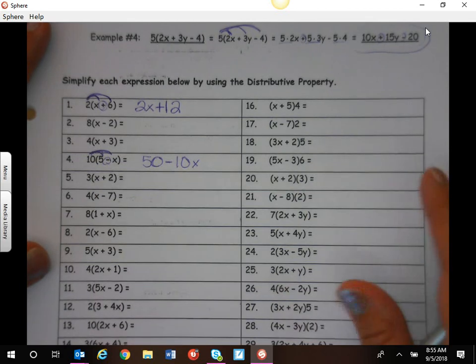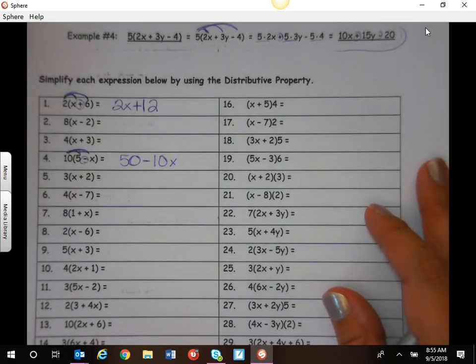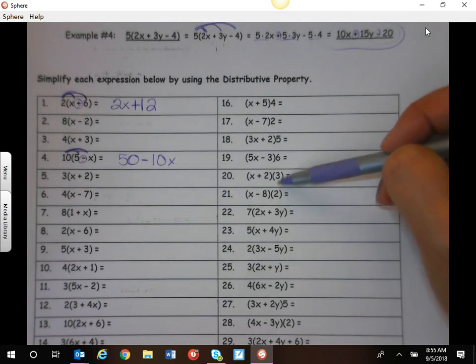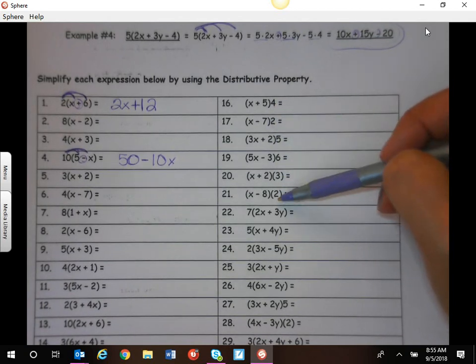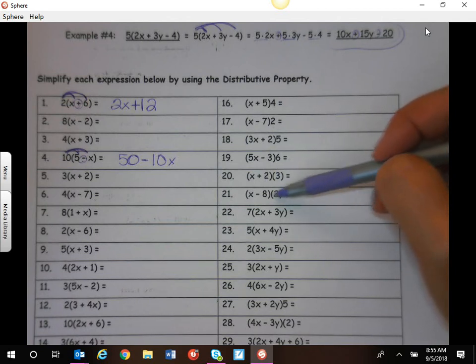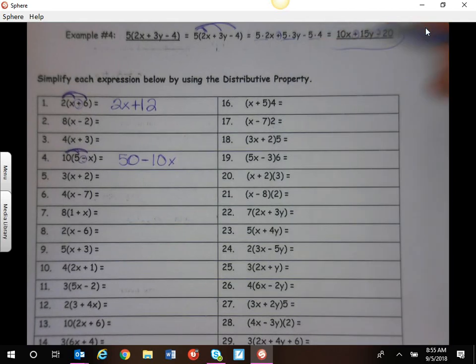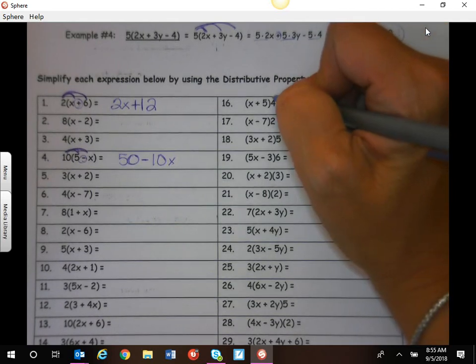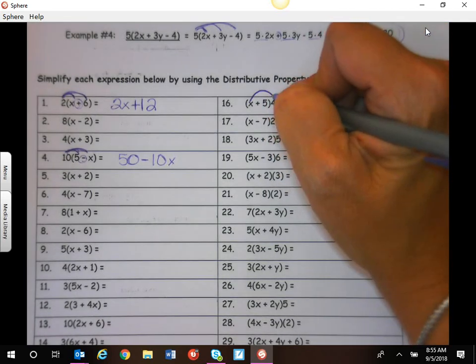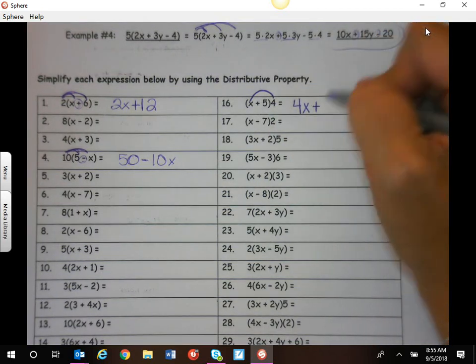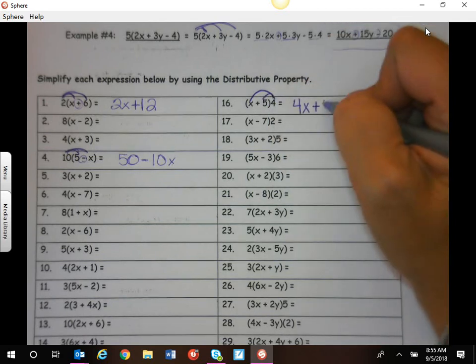Let's look over on this right-hand column. Now, in the right-hand column, notice that the number is at the back of the parentheses. Well, that still means multiply. Sometimes they put them in parentheses, which, again, still means multiply. So you can draw your rainbow the other way if you like. So we're just going to say 4 times x is 4x. Put your symbol. 4 times 5 is 20.